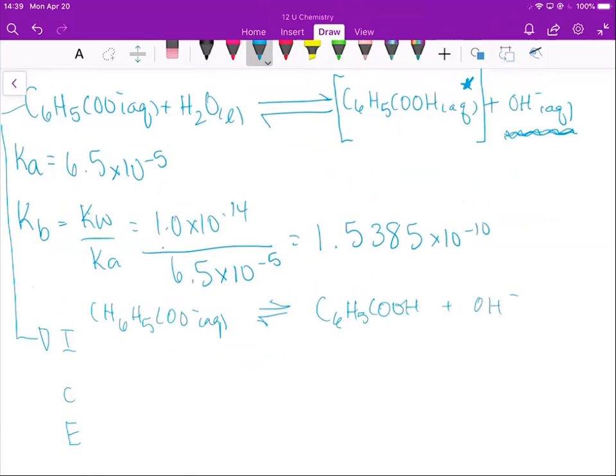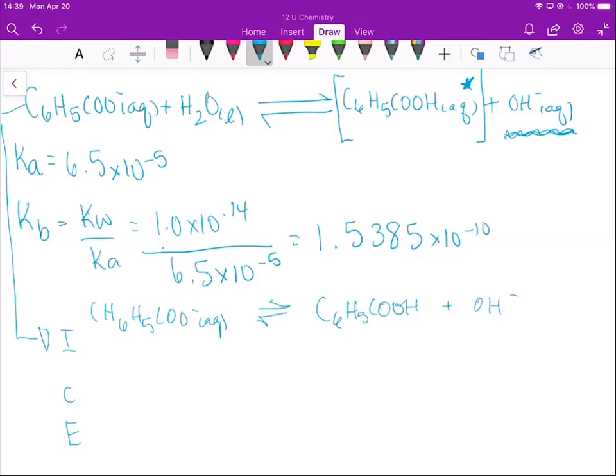And then I'm starting off with, okay, and here's the other thing. It's a 1-to-1 solution. So 0.025 moles per liter of benzoic acid is titrated with 0.025 moles per liter of sodium hydroxide.